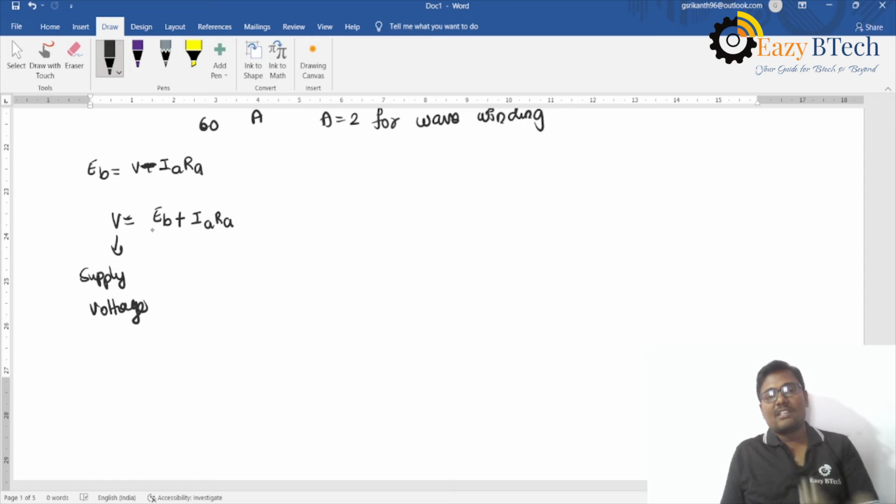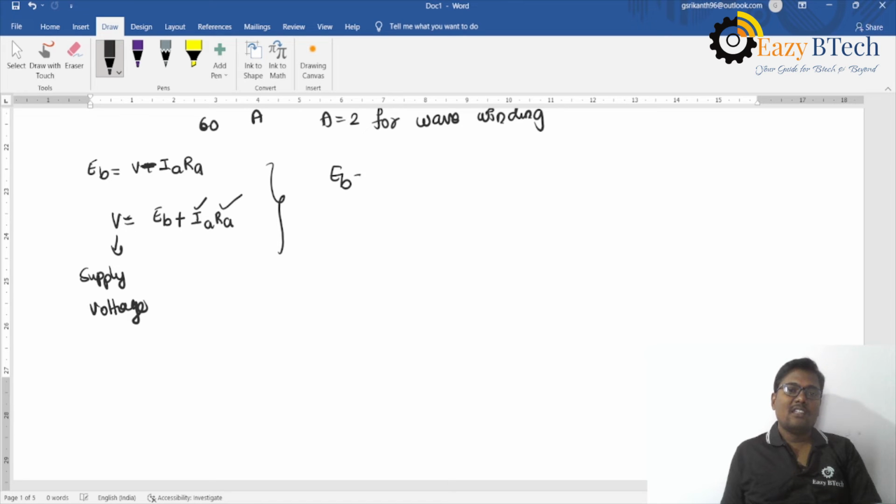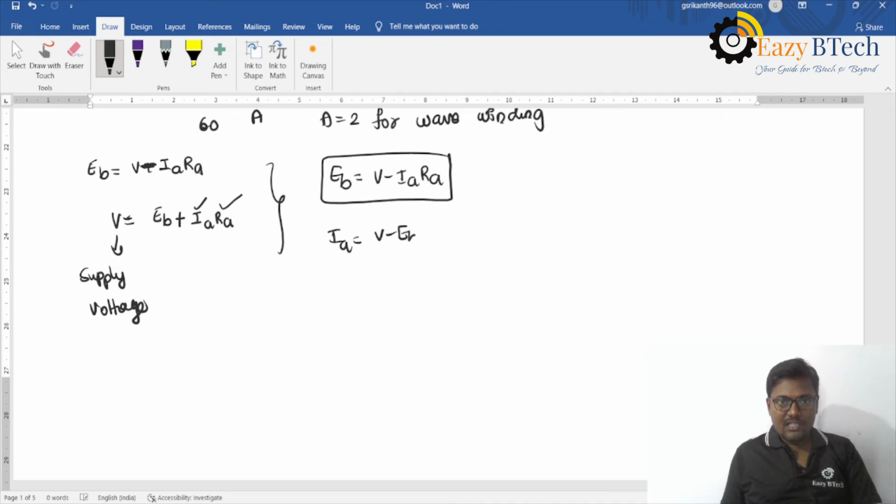The current which is flowing through the armature conductors is IA, and the armature resistance is RA, and EB is equal to V minus IA into RA. Then IA is equal to V minus EB divided by RA.